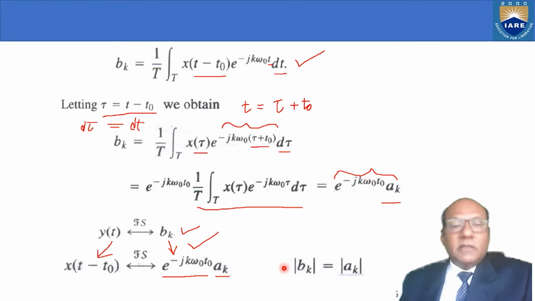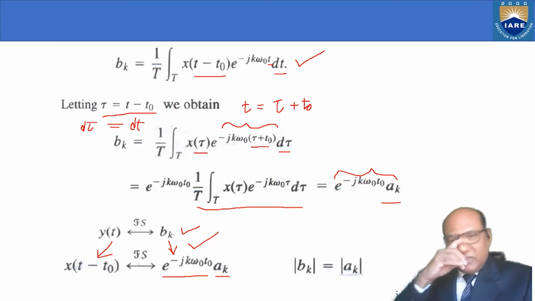If I take the magnitude, the magnitudes of bk and ak are both the same, because when the signal is shifted, the coefficients are shifted in phase but not in their amplitudes. So that is what you have here.